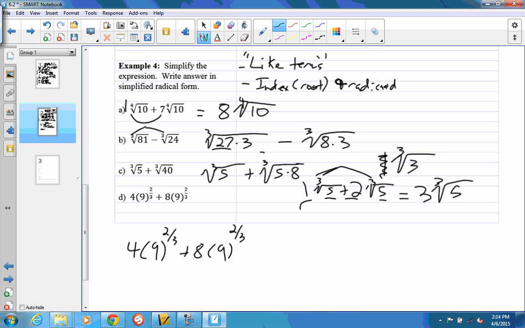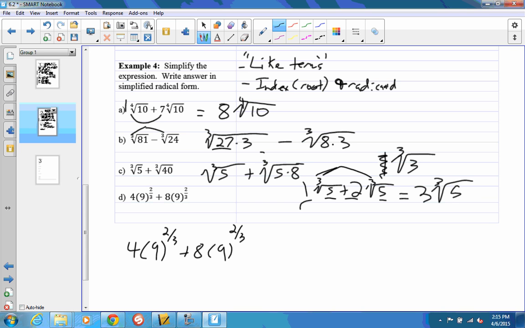I had the 4th root of 10 plus 7 times the 4th root of 10. So it was asking me how many 4th roots of 10 are there. Here I've got 4 times 9 to the 2/3 plus 8 times 9 to the 2/3.